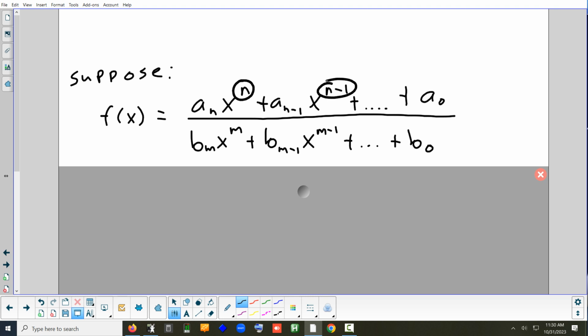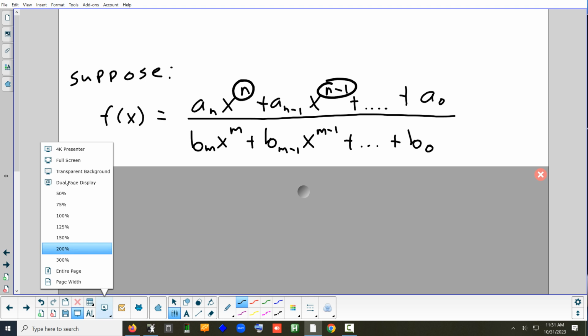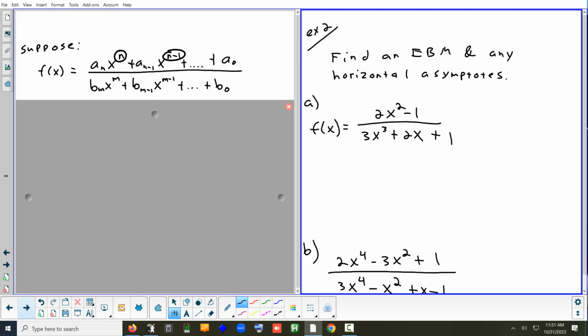So it might start out with like x to the 4th, x to the 3rd, x to the 2nd, x, and then the last number is usually just a constant. Okay, same thing in the bottom. Starts out at the highest exponent, goes down 1 exponent, goes down another one, another one, another one, until you finally end up with just a constant at the end. There's a couple examples.